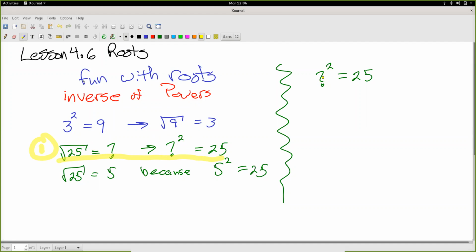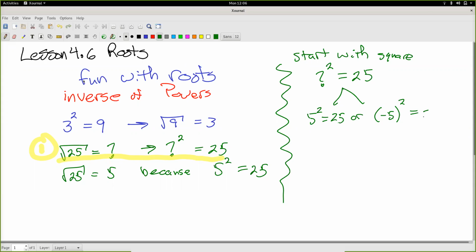Here, I'm starting with the square and ending up with a number. And it turns out if you start with the square, there are two possible options. Either I could take 5 and square it to get 25, or (-5) squared also equals 25.